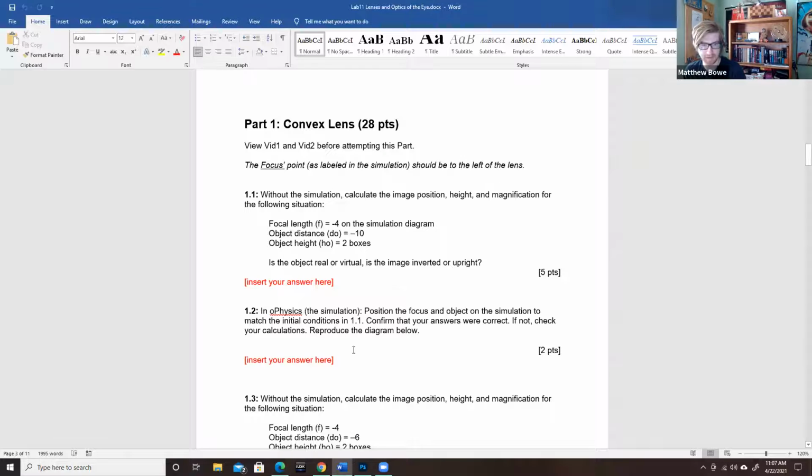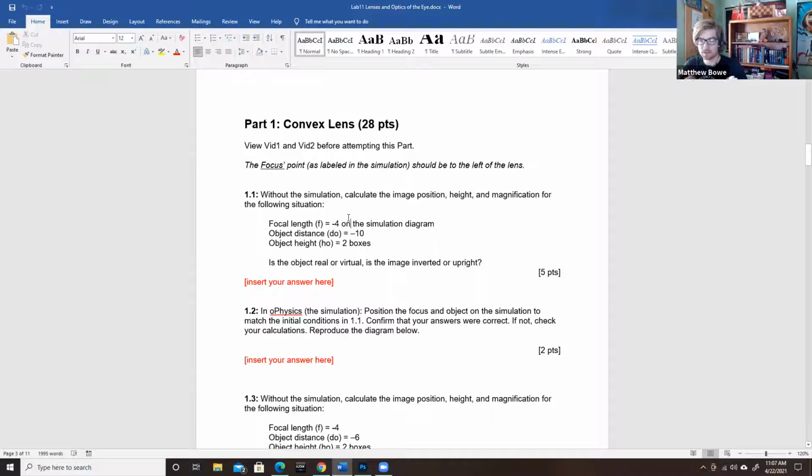One thing I will say: if you don't write any notes today, I'd at least want you to write this down. When it says focal length and it has this -4, it's a little misleading.